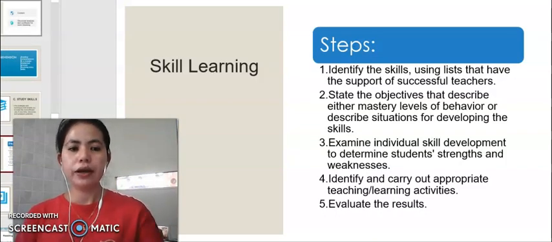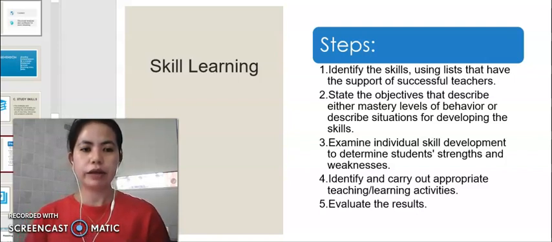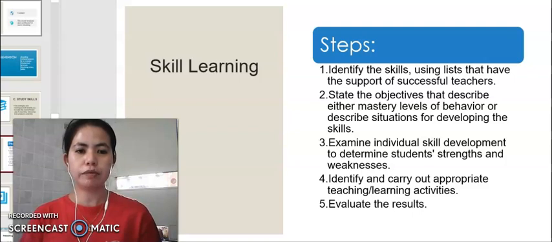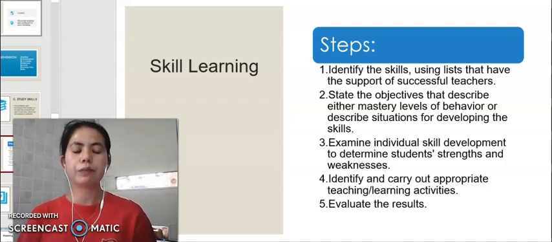Next is skill learning. There are 5 steps. Number 1, identify the skills using lists that have the support of successful teachers. Number 2, state the objectives that describe either mastery levels of behavior or describe situations for developing the skills.